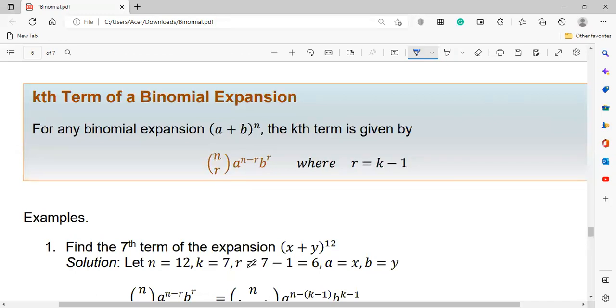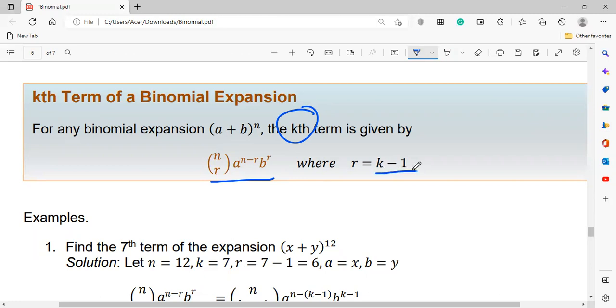Okay? So, for any binomial expansion (a plus b) raised to n, the kth term, yan yung hinahanap nating term, is given by n taken r times a raised to n minus r times b raised to r, where r is equal to k minus 1.